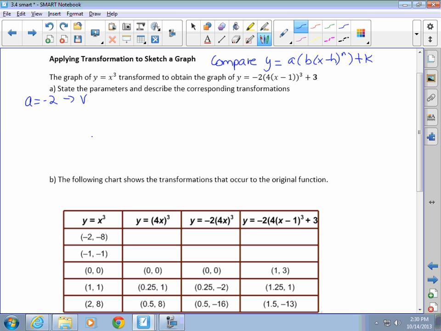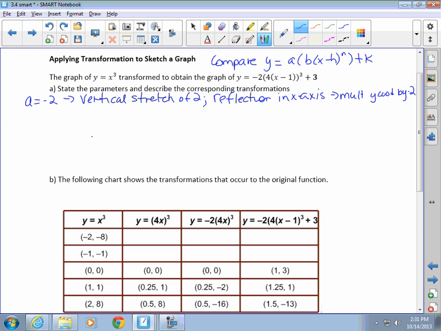It's going to be a vertical stretch of 2, a reflection in the x-axis. What that means is we're going to multiply the y-coordinate by negative 2.